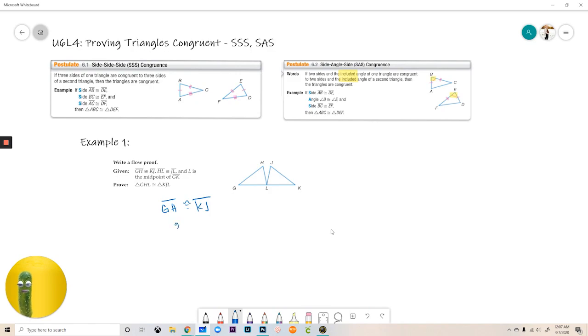This is given information. Another piece of given information is that HL is congruent to JL. This is also given.